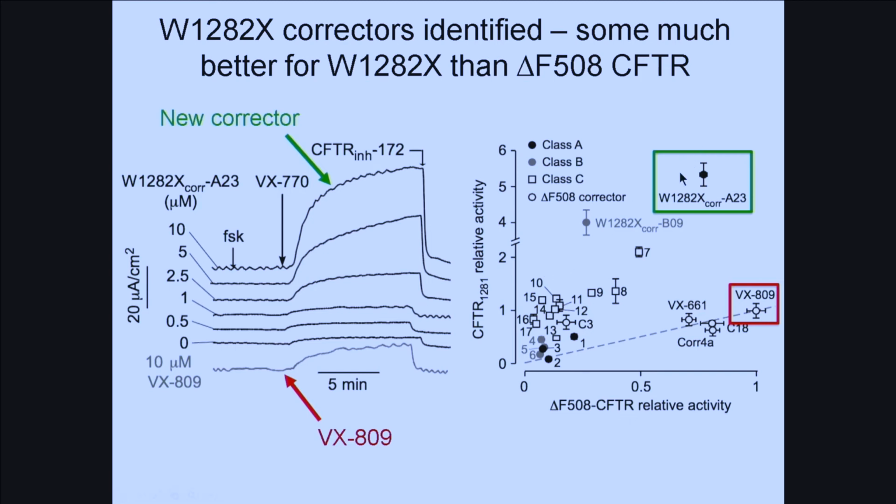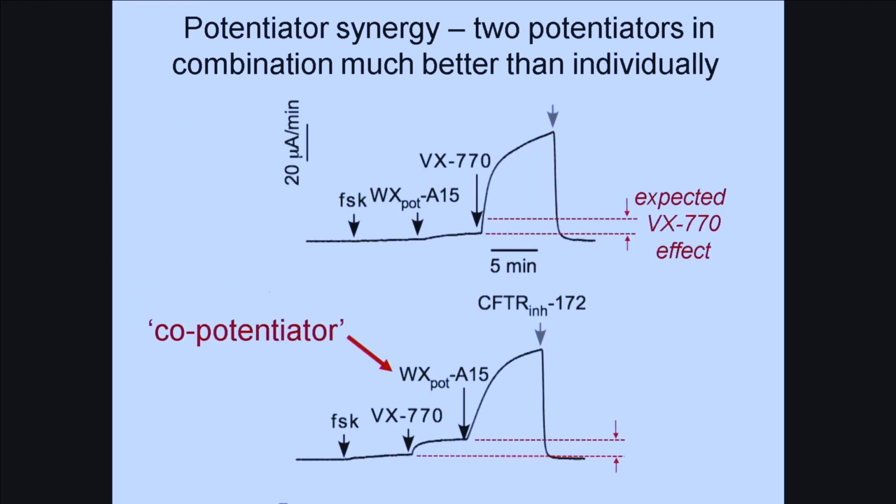What about potentiators? So we needed a good potentiator because the real problem was the gating. The potentiator screen, unfortunately, did not work very well. We didn't find anything nearly as good as the Vertex 770, ivacaftor. But Pete did make a tremendous discovery, quite accidentally.